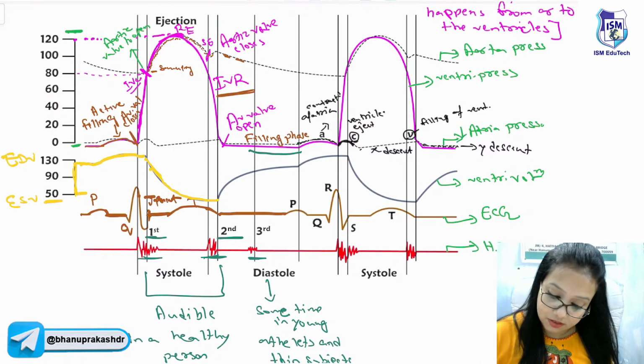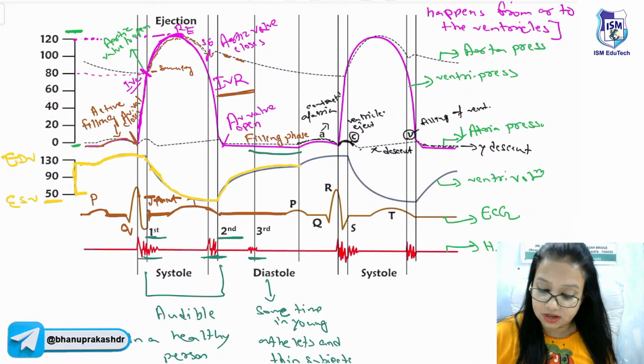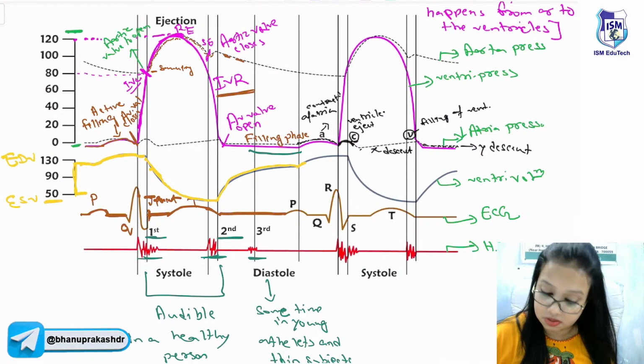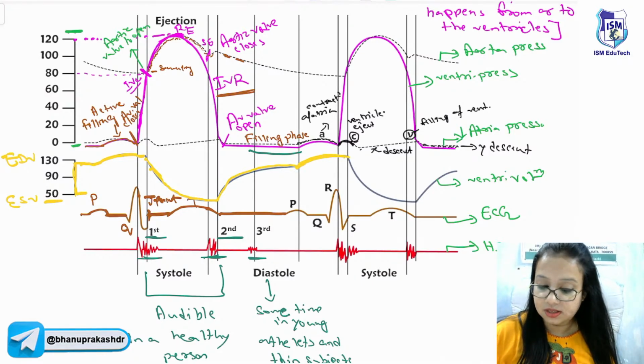Again, during the filling phase, the diastolic phase, first there is fast or rapid filling, then there is diastasis. Both of these fill up the maximum, and then during the atrial kick or the active filling, there is another 20 to 25 ml of blood that is filling the ventricle.